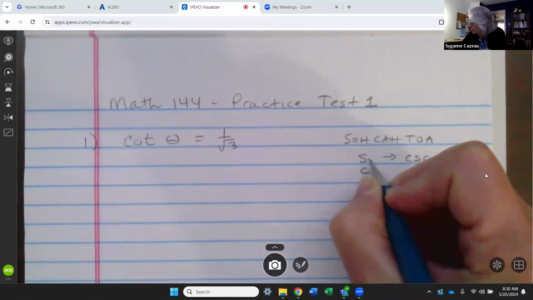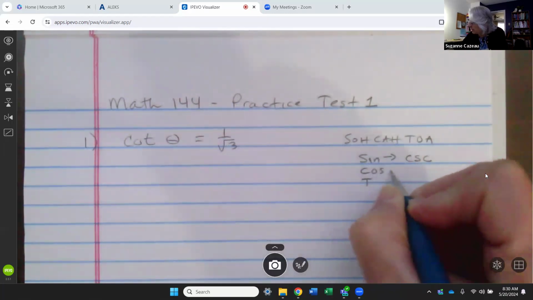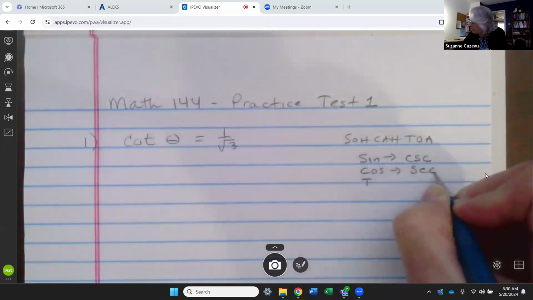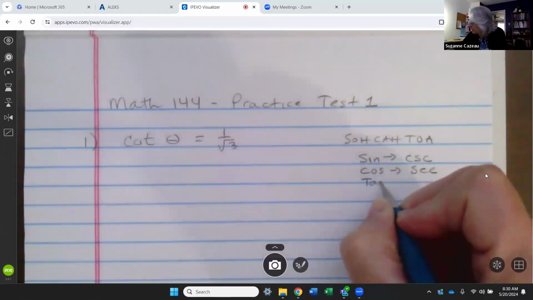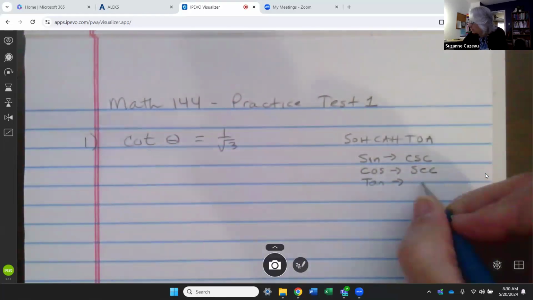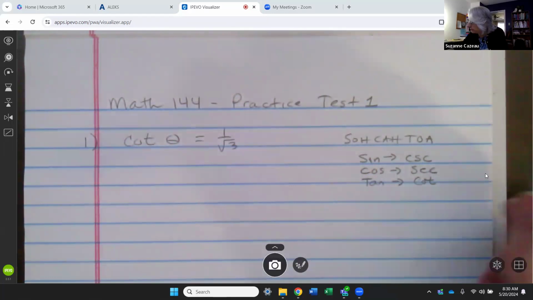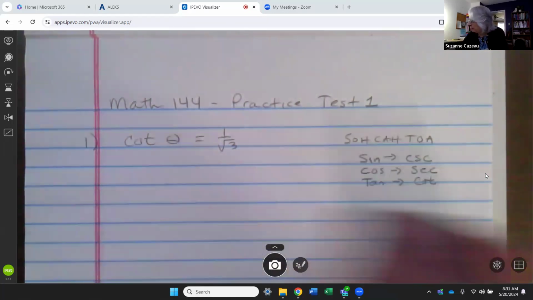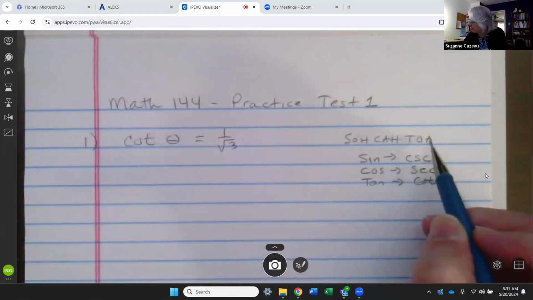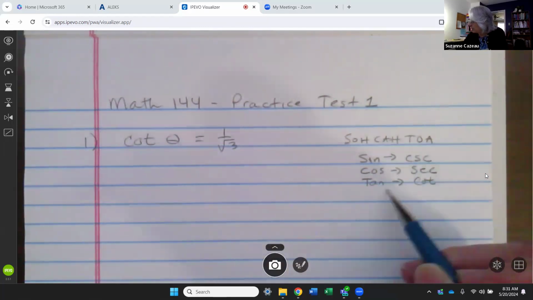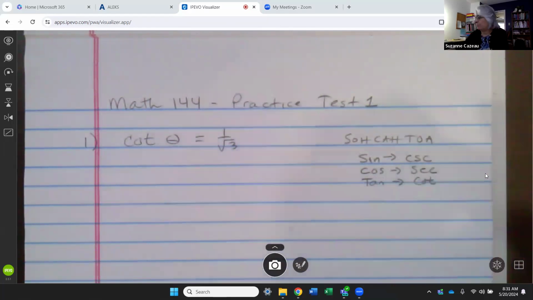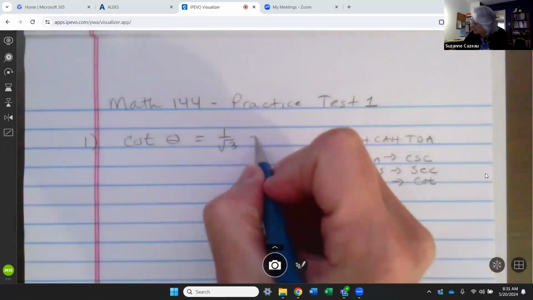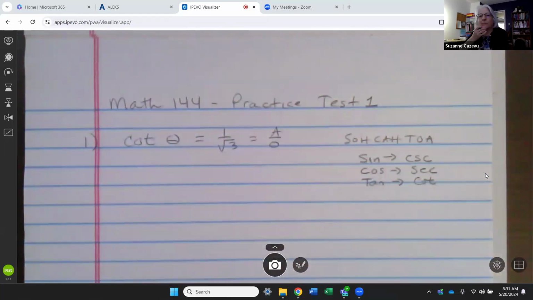The reciprocal of cosine is secant. And the reciprocal of tangent is cotangent. So these are the reciprocals. That means that if tangent is opposite over adjacent, then the cotangent is adjacent over opposite.